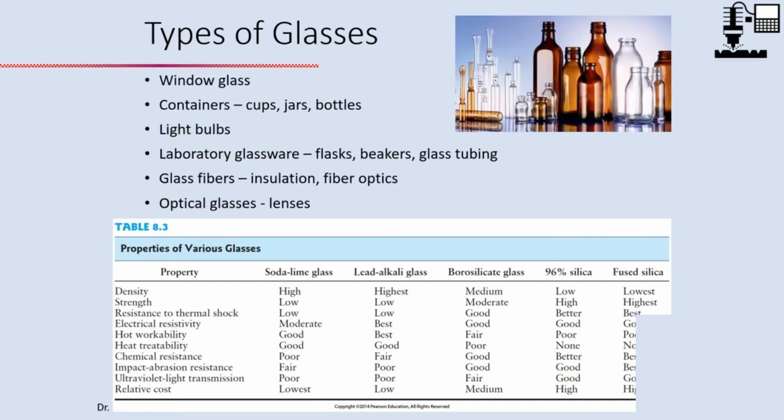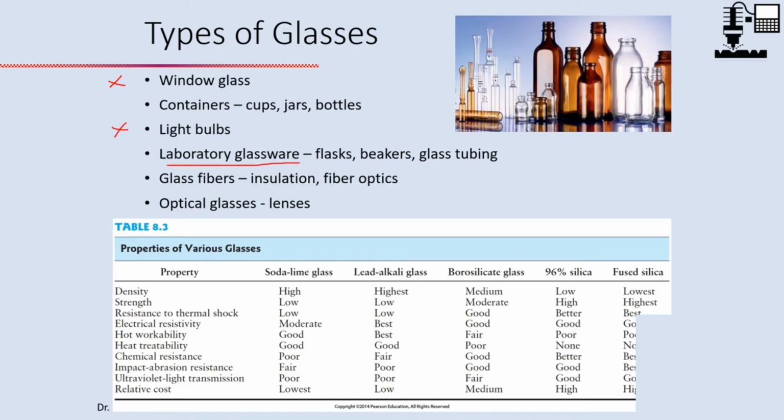We have different types of glasses available in the market. One is window glass. The other one is containers, jars, and bottles. They have different compositions because of their applications, so they have to have different characteristics. And light bulbs. We have beakers and glassware in the laboratory.